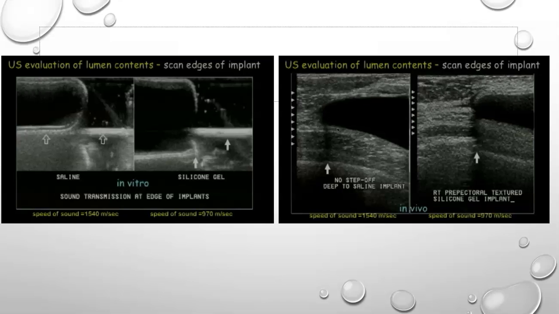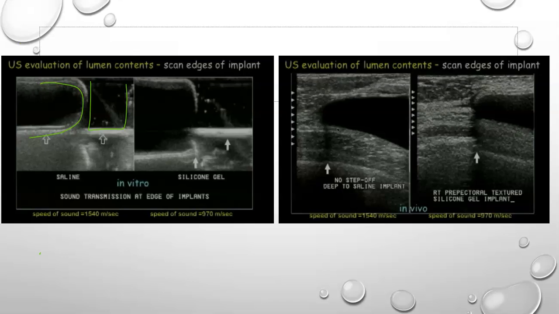Here's a couple of instances of speed image artifacts, and we can see a saline breast implant. We have the saline breast implant here, and then you can see it is just sitting in vitro, in a petri dish basically, and we have some fluid next to it which is assumed to be saline too, and we end up with no difference in the speed.